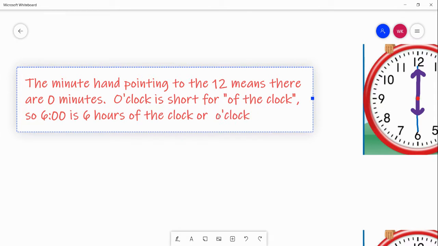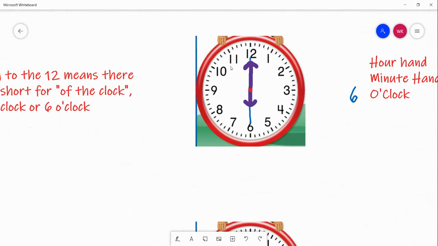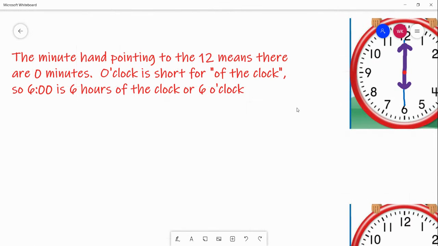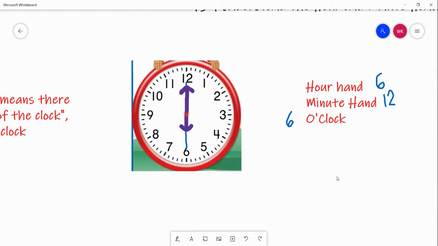So every single time that minute hand, that big hand, hits the 12, it means o'clock, or it's of the clock. So that means that it's 6 hours of this clock.